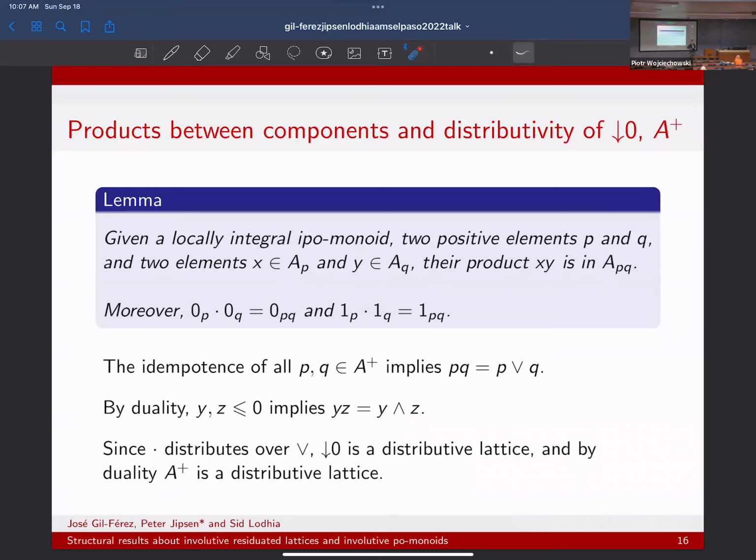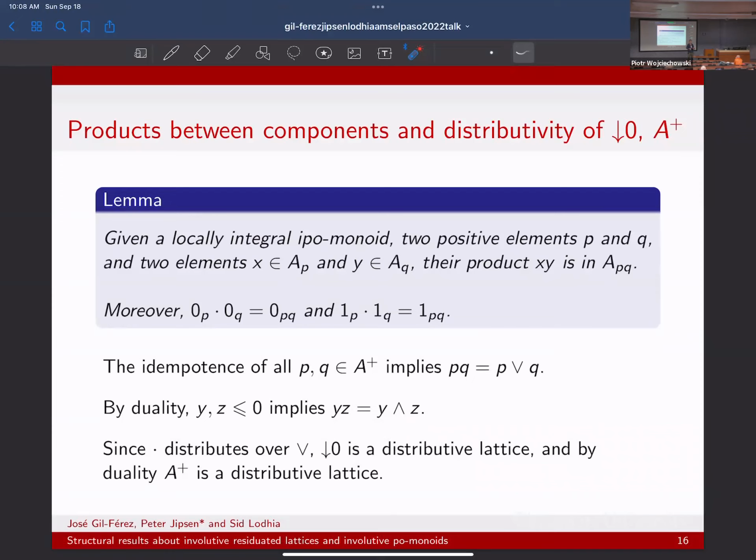So it turns joins into meets and produces this surprising result that if you start with the IPO monoid, the join semilattice is flipped and reflected as a meet semilattice in the bottom.